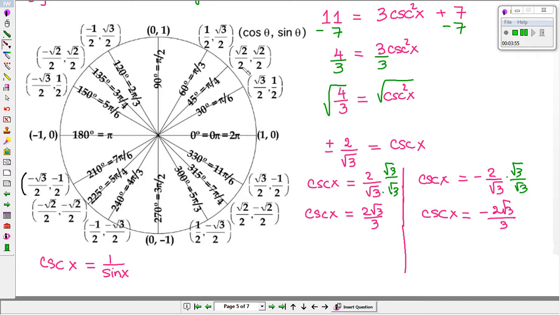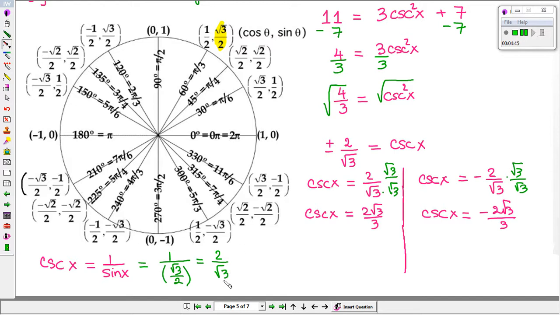Now if you keep an eye out, you want to see square root of 3, right? So I'm going to test with the 60 degree angle because my sine is square root of 3 over 2. I'm going to go ahead and substitute. So we'll do 1 over square root of 3 over 2. Now when you divide a fraction, you multiply by the reciprocal, so that will give us 2 over square root of 3.